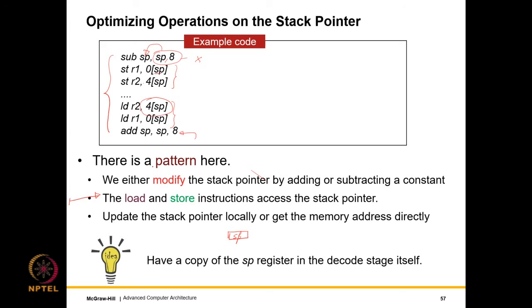Since it has been fully executed, in the sense it has updated the CSP register, there is no need for it to occupy additional resources within the pipeline, and it can be discarded right here itself. So this is one of the many advantages of this scheme. And similarly, here also we are not using the heavy duty adders in the pipeline. We are just doing a quick addition over here. So this is saving us a lot of effort in the pipeline.